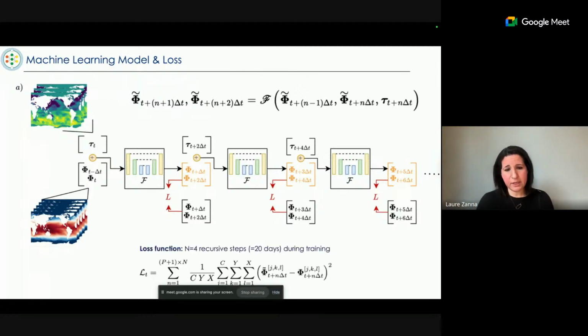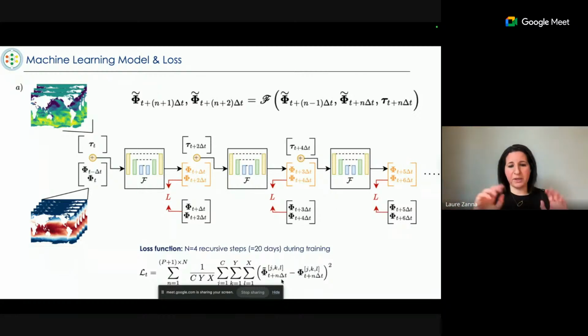Our loss function is very, very simple, right? There are basically 4 recursive time steps, because the time steps, as I mentioned, are coarse-grained 5-day averages of the state vector. I'm going to do 4 recursive time steps, so we can think about basically a mean square error loss that accumulates over those 4 time steps. So that means 20 days roughly.